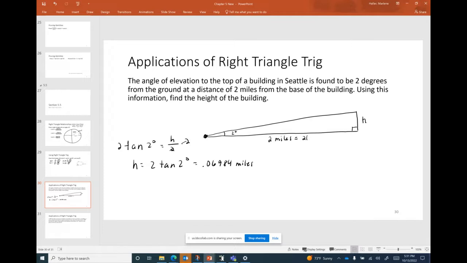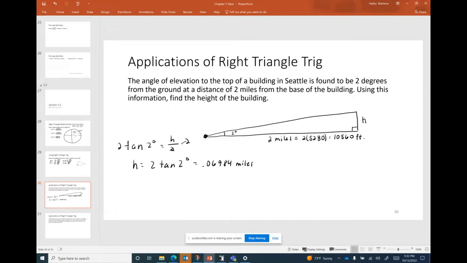So this distance in feet is going to be 2 times 5,280, which is 10,560.